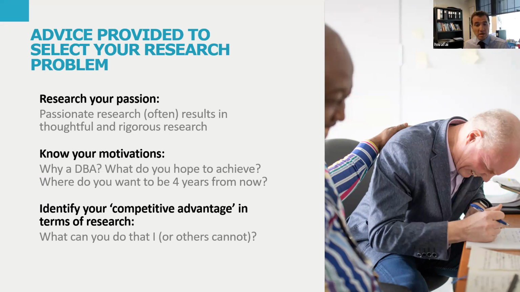Jason spent his life in the air transport sector or in the military. He knows that sector very well. He has a competitive advantage when he researches that sector, over any other researcher who would like to do that research.